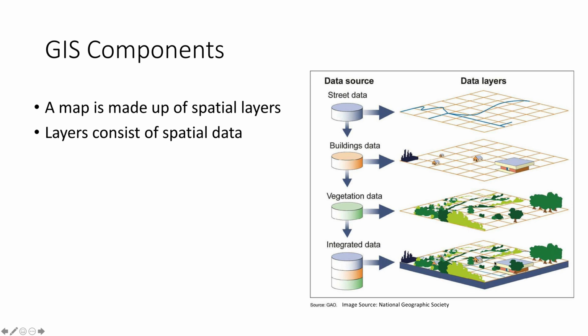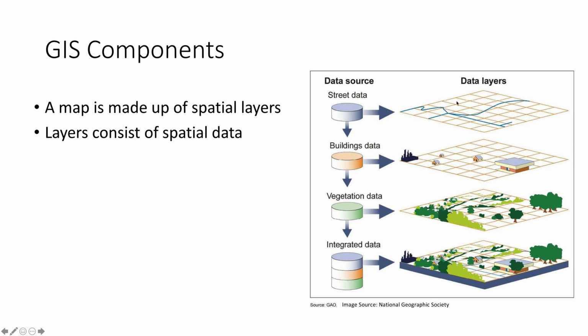And so to create something like this, we need to incorporate other spatial data. And those other spatial data are in the form of vector and raster data, and they're called layers. So to create this map, we have to add a layer of vegetation data, a layer of building data, and a layer of street data.